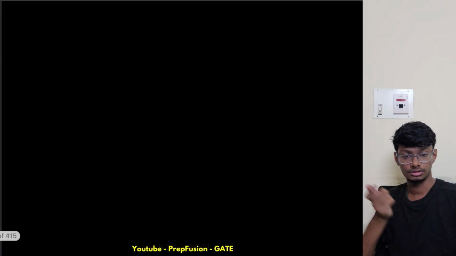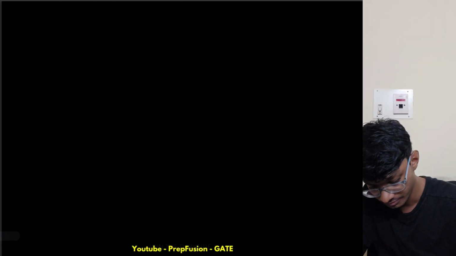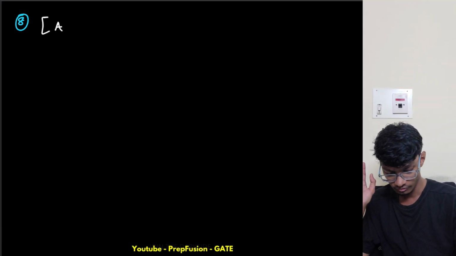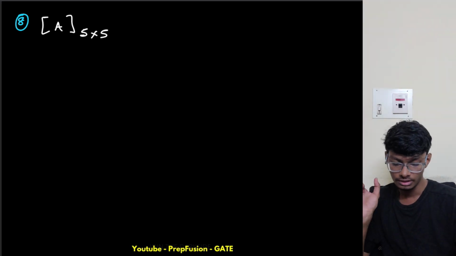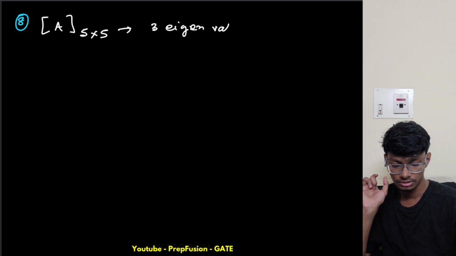The next important point is: now let's say I have a matrix of 5 cross 5. Now it has 3 eigenvalues which are equal to 0.